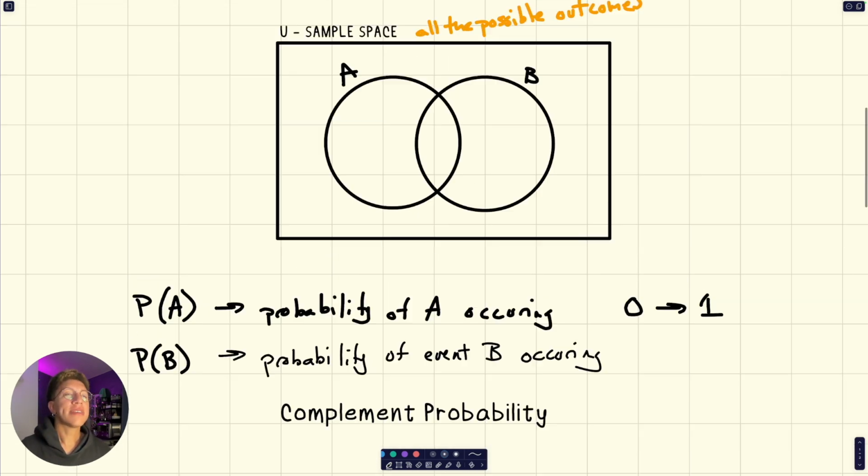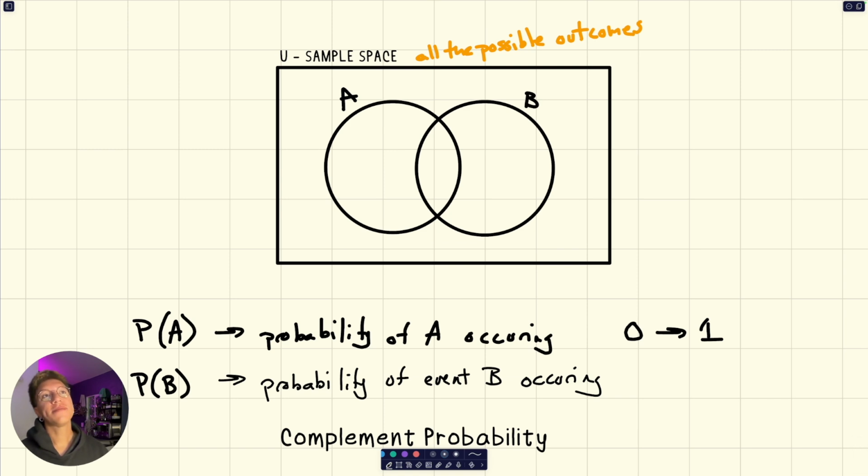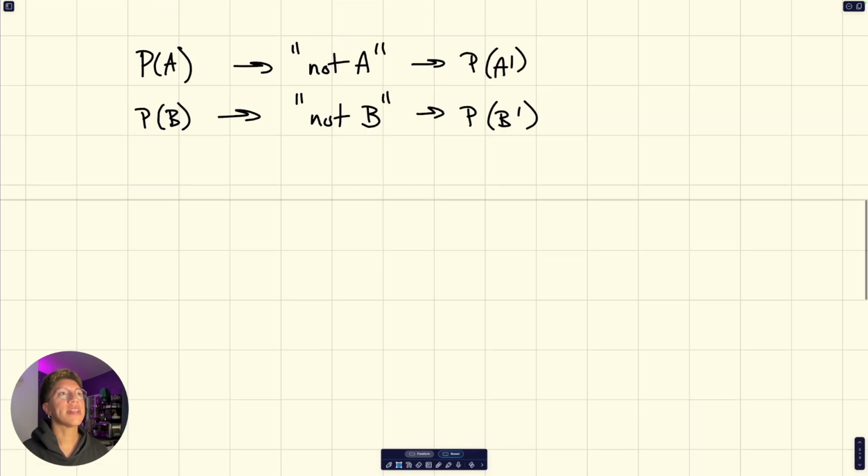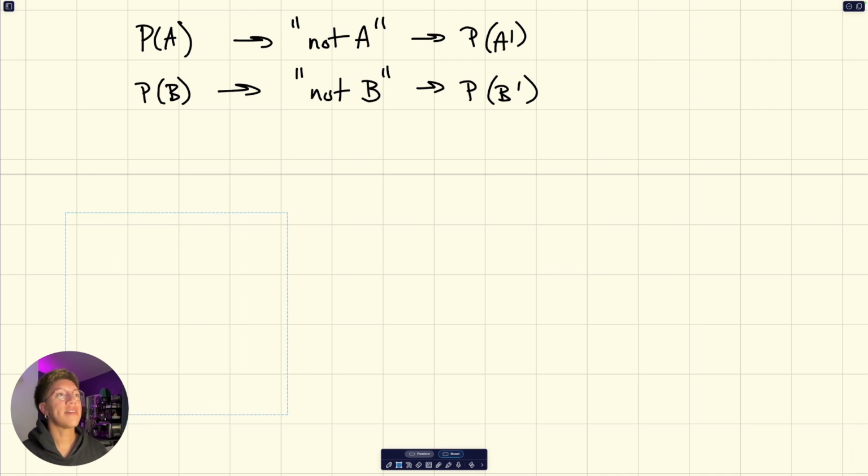In our diagram, if we say that the probability of B occurring is inside of the circle, as we can probably guess, the probability of B not occurring is going to be everything outside of the circle of B. So we're going to get to our very first diagram of this lesson, and that's going to be to illustrate what that looks like within the Venn diagram.